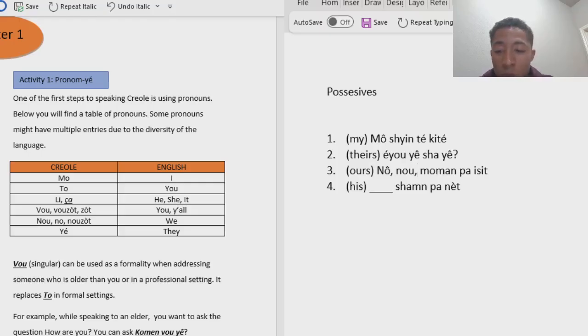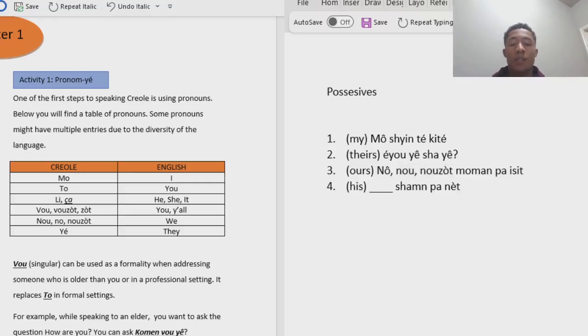But if you do no, N-O, the hat must be on it. Or you could do nuzot. This will be like contextual.